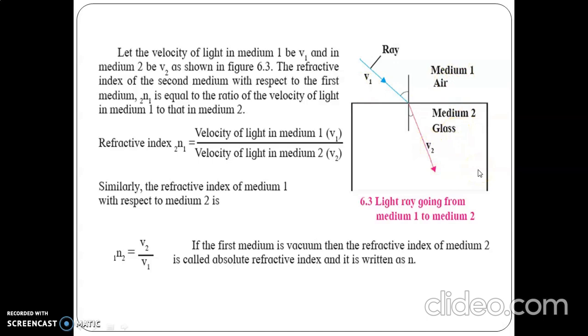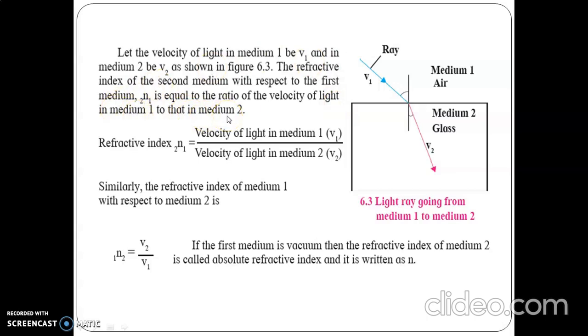The refractive index of the second medium with respect to the first medium. See how I am pronouncing it. The refractive index of the second medium with respect to the first, that is 2n1, is equal to the ratio of the velocity of light in medium 1 to that in medium 2.